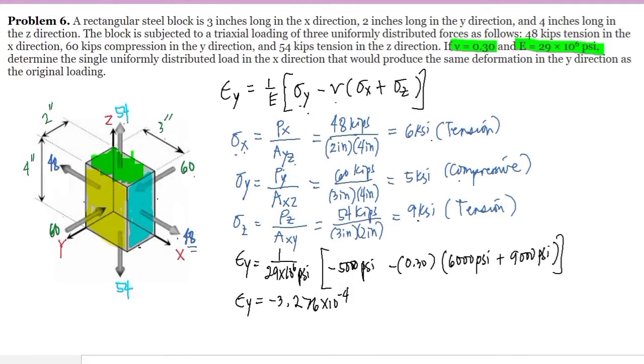So since we are asked to determine the single uniform distributed load in the X direction that would produce the same deformation in the Y direction as the original loading, we see here the strain is negative, so thus the tensile force is required in the X direction to produce the same deformation in the Y direction as the original force.